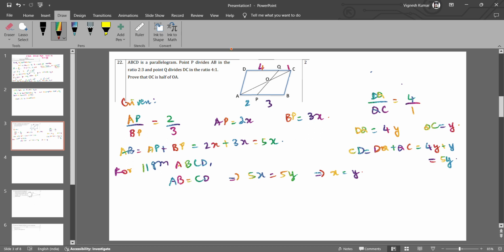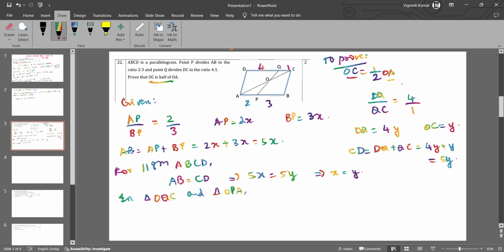Now let us try to figure out how we can prove that OC is half of OA. This is what we need to prove. So let me take the triangles in which these sides OC and OA are there. Let us consider triangle OQC and triangle OPA.